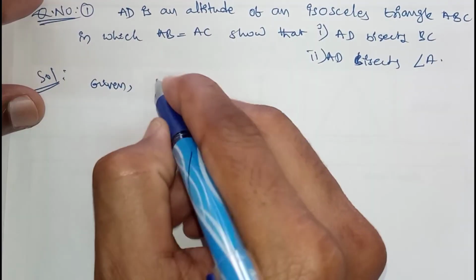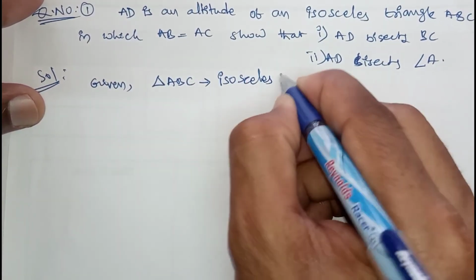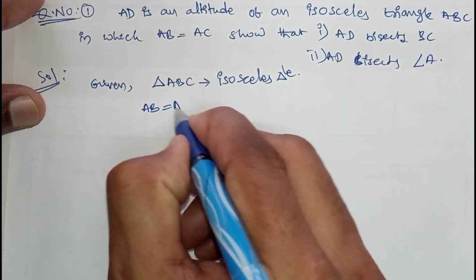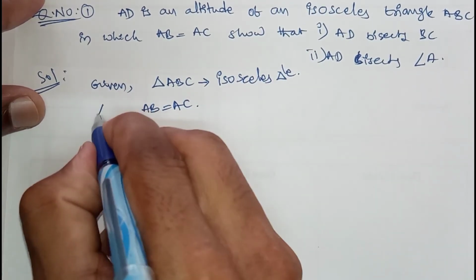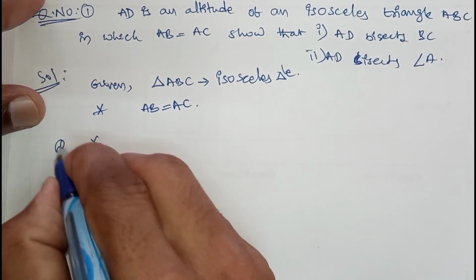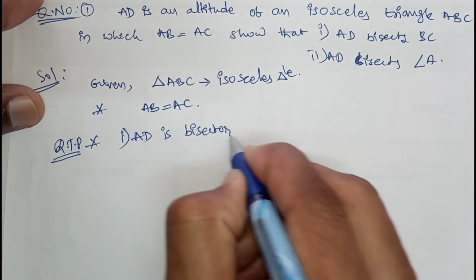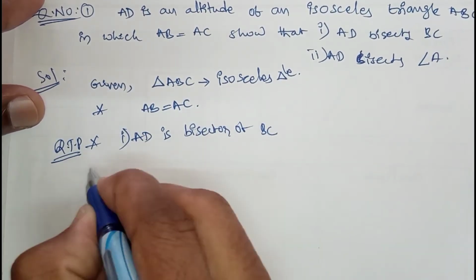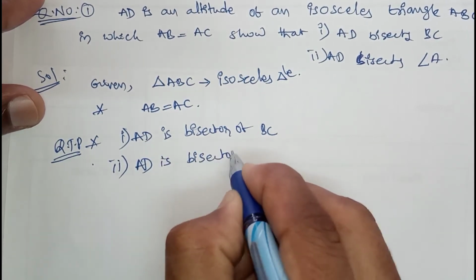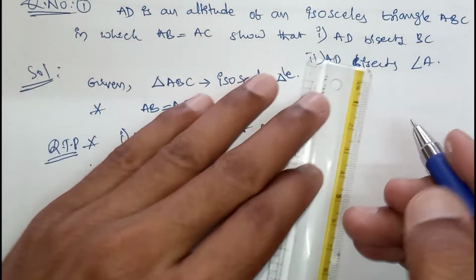Given that triangle ABC is an isosceles triangle in which AB equal to AC, and required to prove: first, AD is the bisector of BC, second, AD is the bisector of angle A. So now we will draw the figure, then we can understand easily.